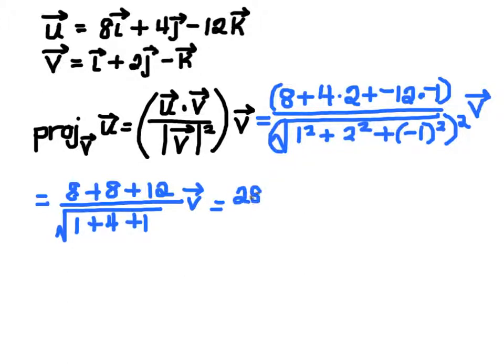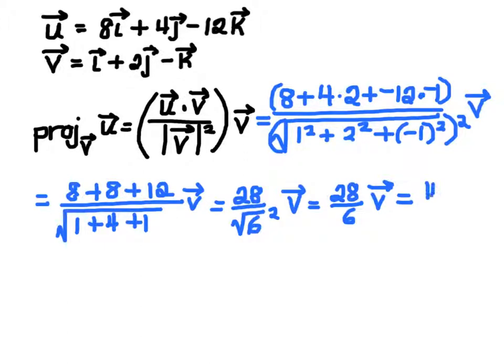In the denominator we have the square root of 6 all squared times V, and that becomes 28 over 6, since if you square a square root, they cancel each other out. And then if we cut the numerator and denominator in half, we have 14 over 3 V.